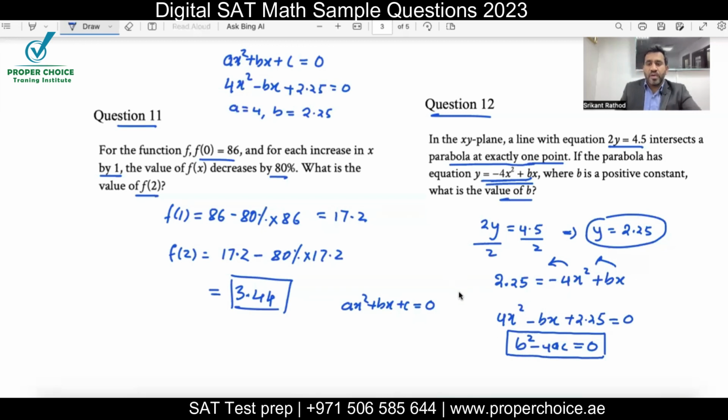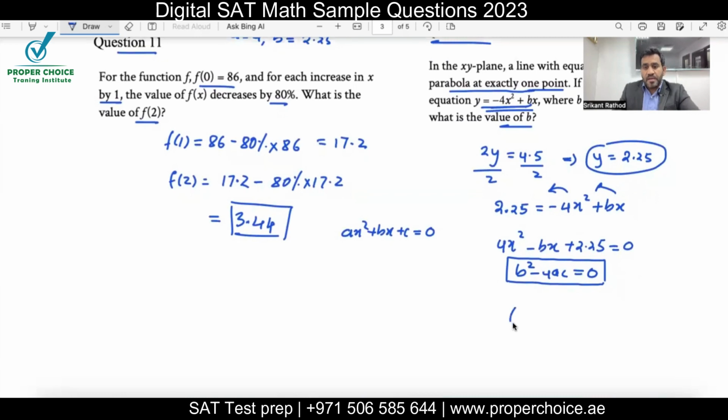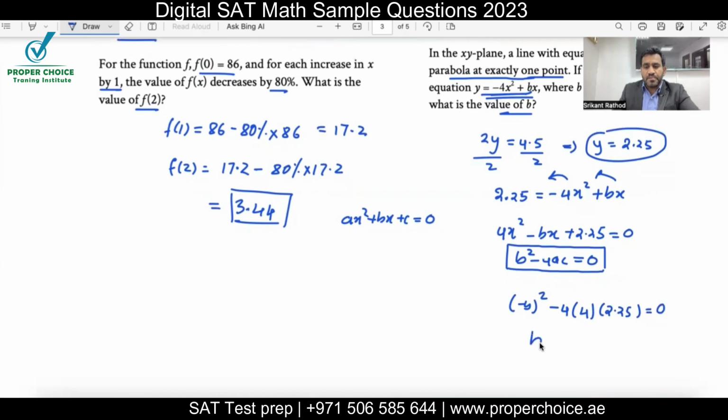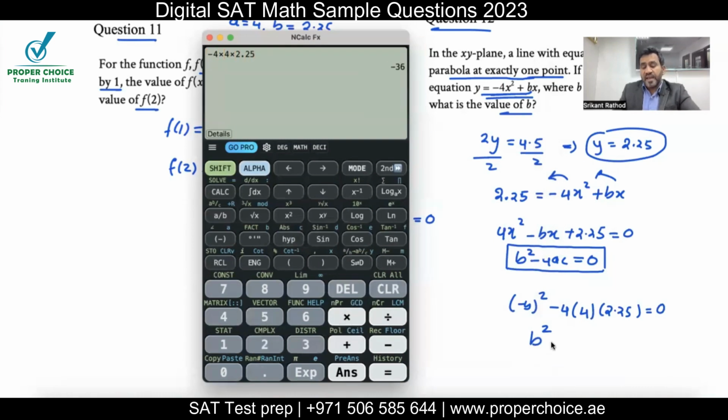So b² - 4ac = 0. That is b² - 4 times 4 times 2.25 = 0. Put it in the calculator: negative 4 times 4 times 2.25 gives us negative 36.